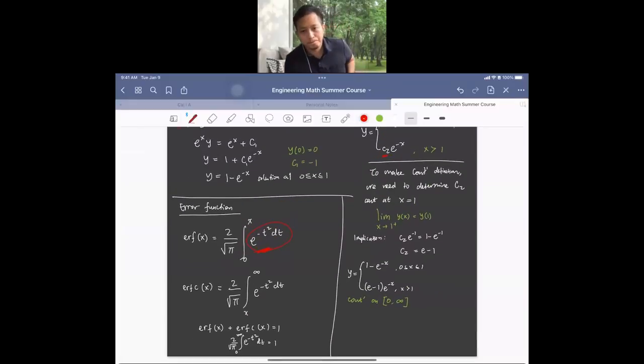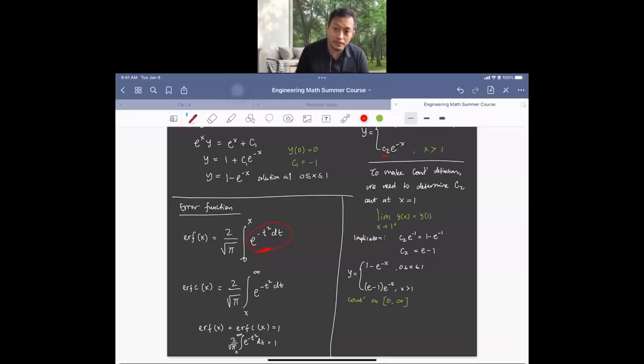Okay, that's the linear differential equations. If you have any questions, you can ask. I hope you get the big idea: using the integrating factor is the most important thing, the one you need to remember. The other parts, if you forget, that's okay, but the integrating factor is important.